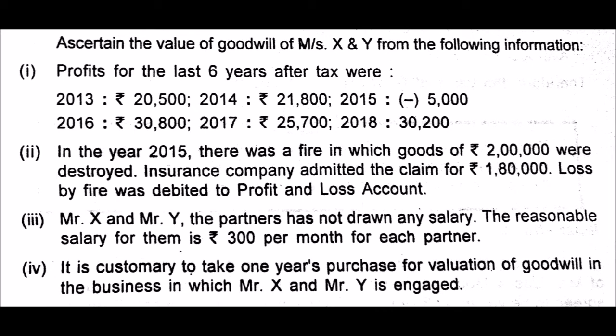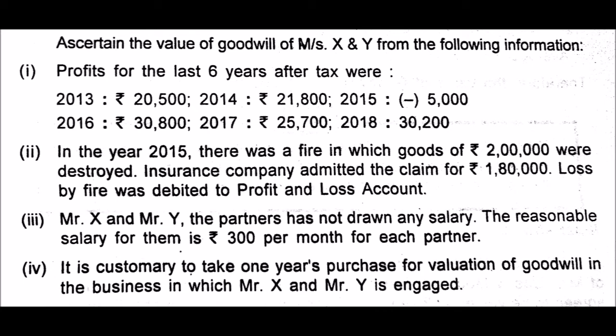Then number 3 says that Mr. X and Mr. Y were partners, but they had not drawn any salary. The reasonable salary for them is rupees 300 per month for each partner. So they had not been drawing salary for the 6 years. If you calculate, we are considering the goodwill for 6 years.